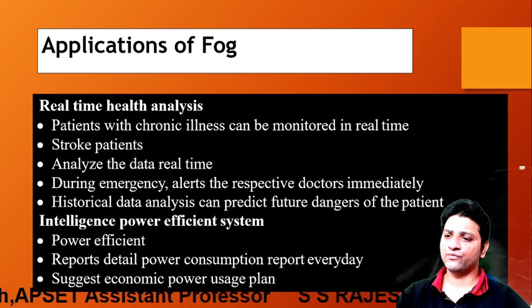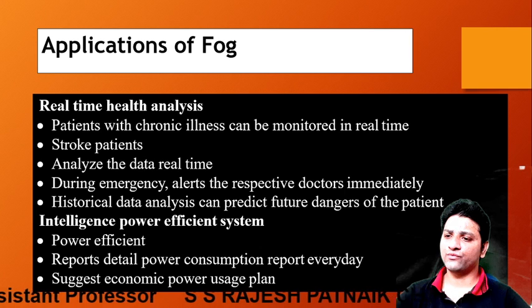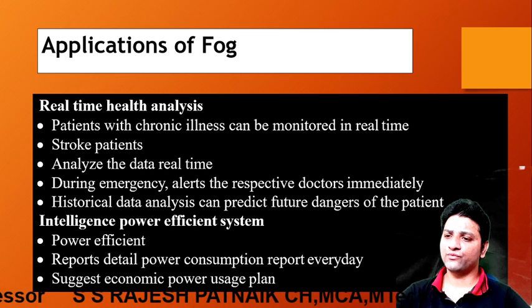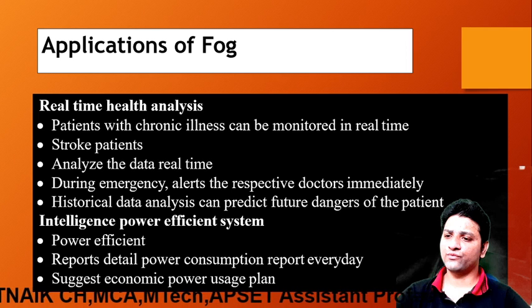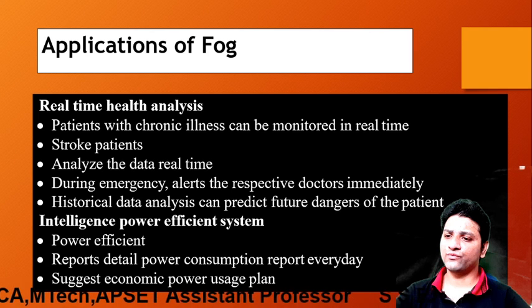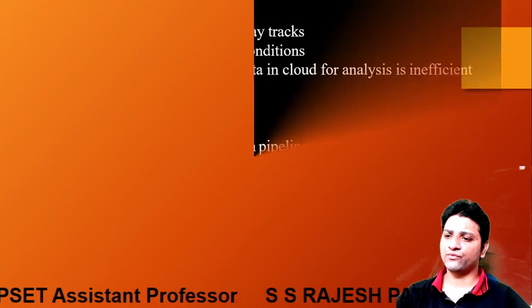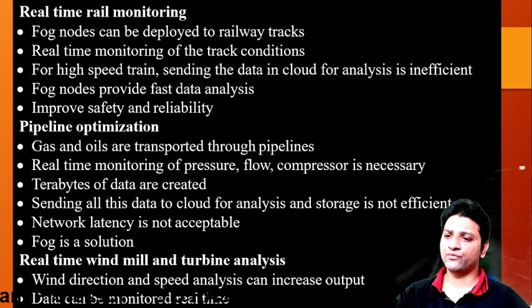There are three types of data: non-sensitive, less sensitive, and most sensitive, which we already understand. Intelligent power efficient systems are an application, and other applications are real-time rail monitoring, pipeline optimization, and real-time windmill and turbine analysis.